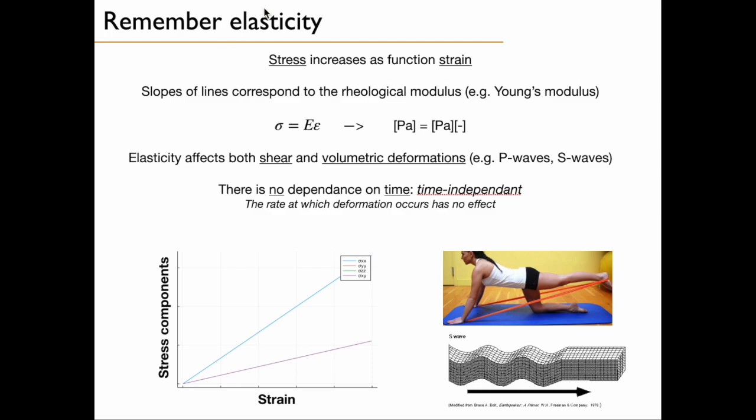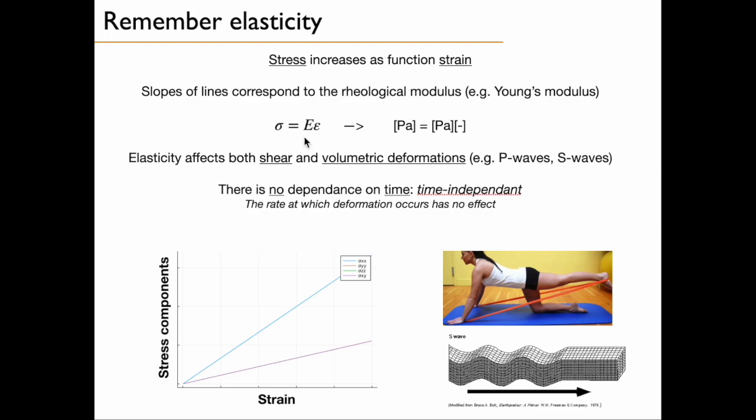So remember elasticity. With elasticity, stress was increasing as a function of the strain. So we had this type of diagram with stress and strain on one axis, and the slope of the lines was corresponding to some elastic modulus, for example, the Young's modulus.